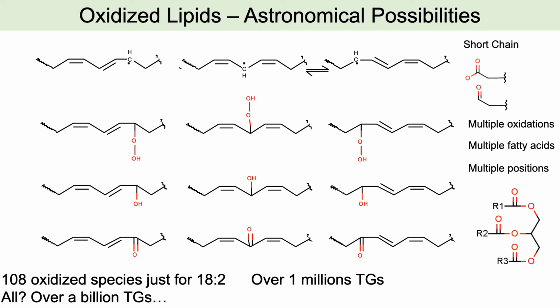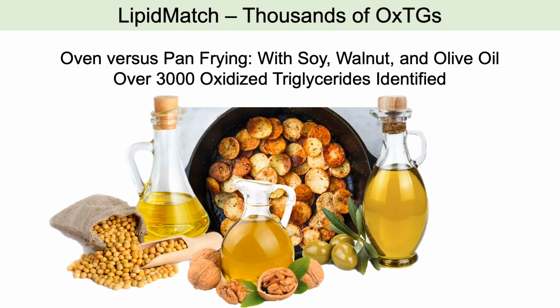If you think about all the possible fatty acids, you can actually get over 1 billion oxidized triglycerides. While LipidMatch libraries only contain tens to hundreds of thousands of these oxidized species, we still are able to observe quite a large diversity within real experiments.